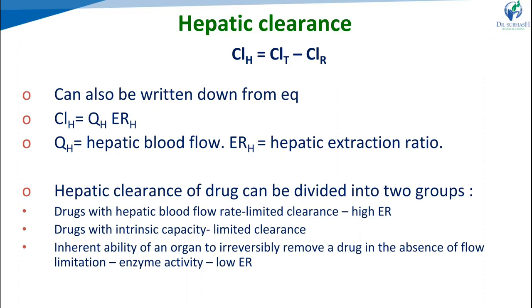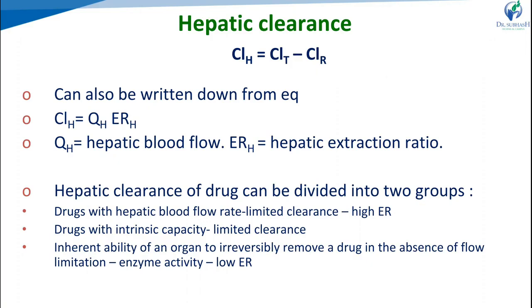The second group is intrinsic capacity clearance, which is capacity limited. It is the inherent ability of the liver to irreversibly remove a drug in the absence of any flow limitations.